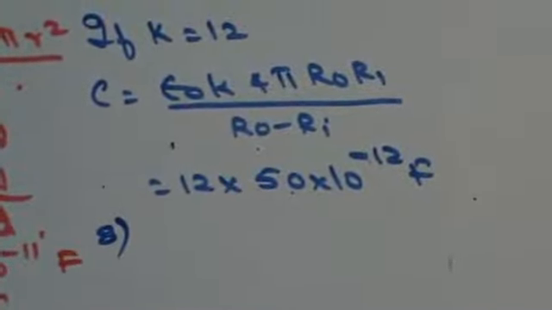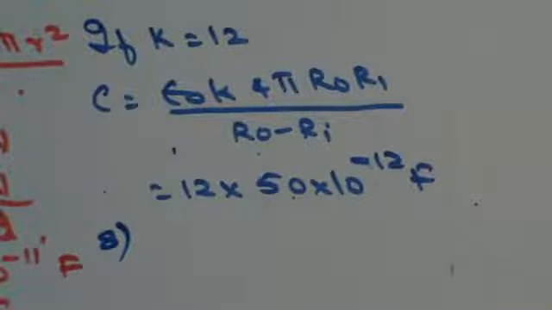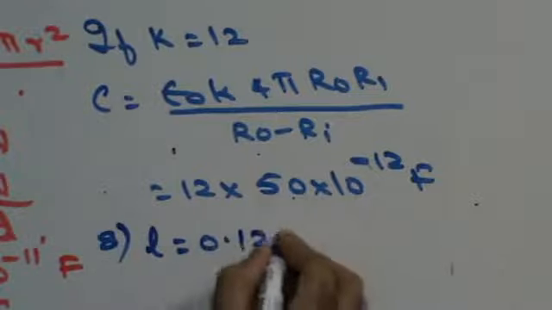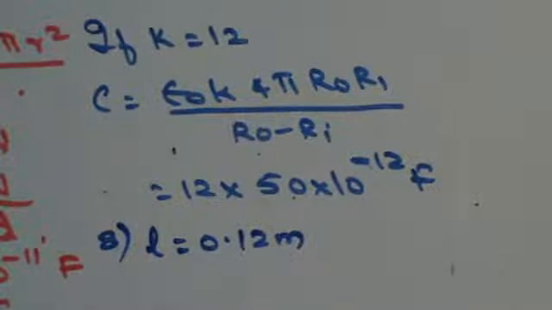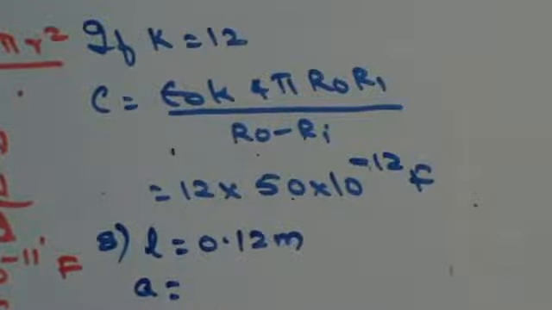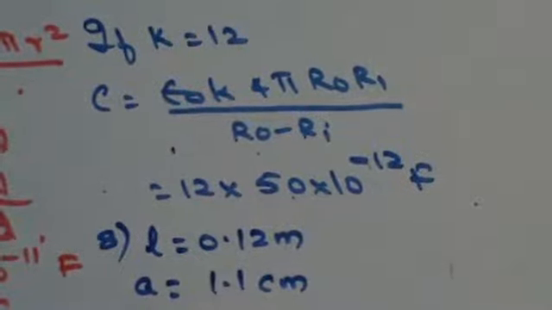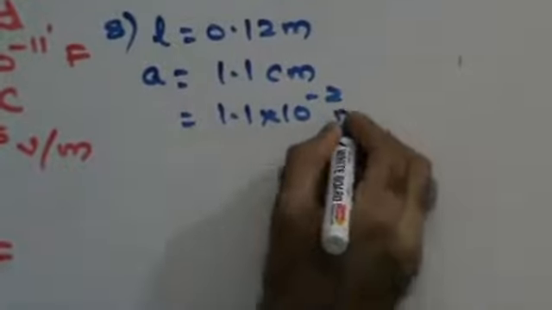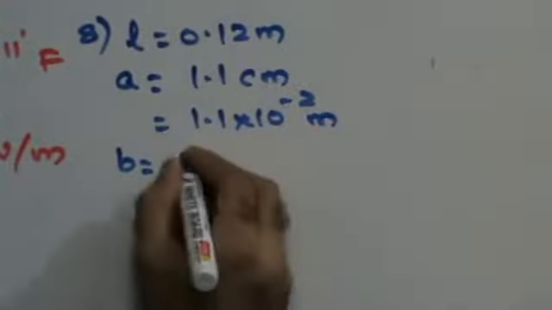A cylindrical capacitor has two coaxial cylinders of length 0.12 meters and radii 1.1 centimeters and 1.2 centimeters.